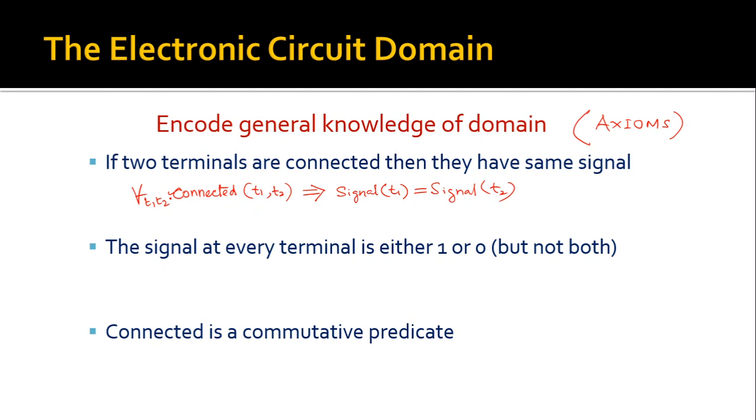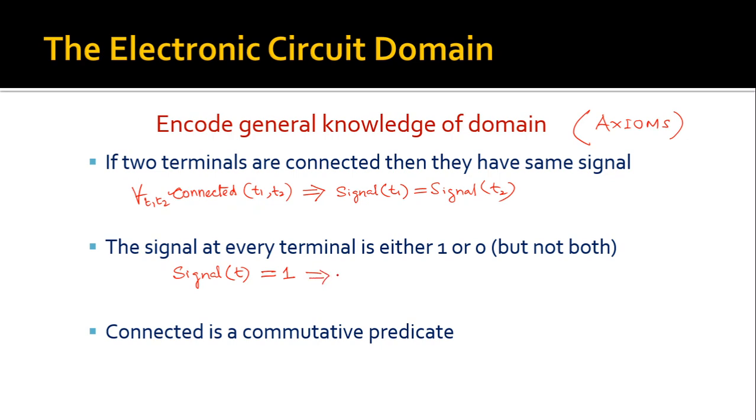Now let us model the next statement. The signal at every terminal is either 0 or 1 but not both. It is also known to be true, right? So we can say that if the signal at T is equal to 1, then what it should imply?